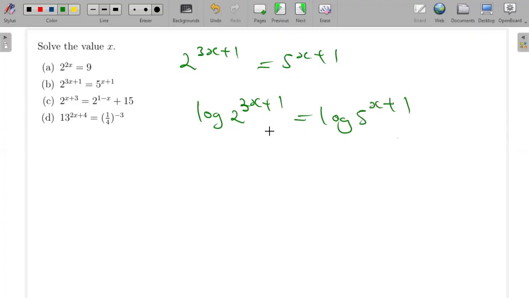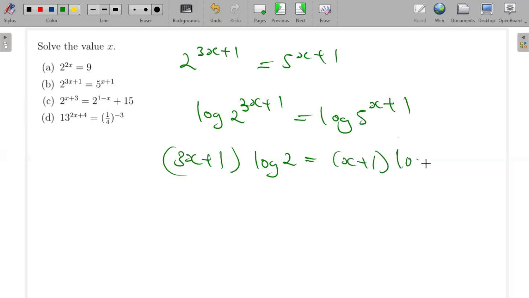So this here is going to be, I can drop that power, which is just 3x plus 1, and then you have log 2 there. Of course, we are using base 10 here, because we've chosen to use base 10. You can use any base, but I'm using base 10 here, which is the most convenient. So you have x plus 1 there is going to drop, and then you have log 5 there.